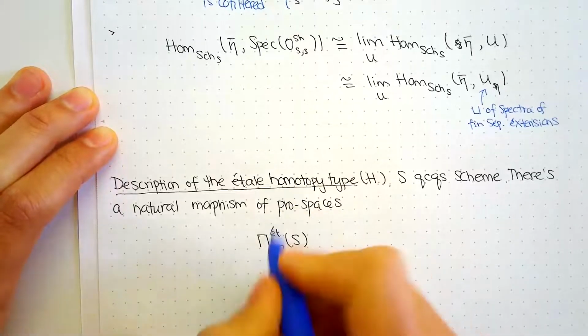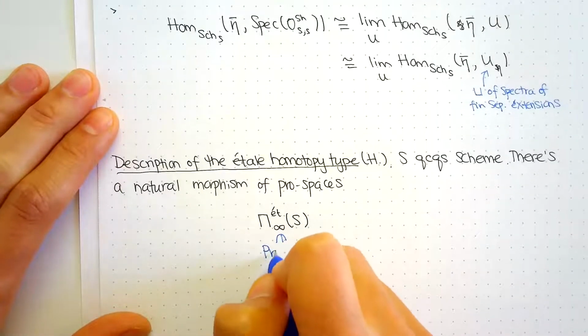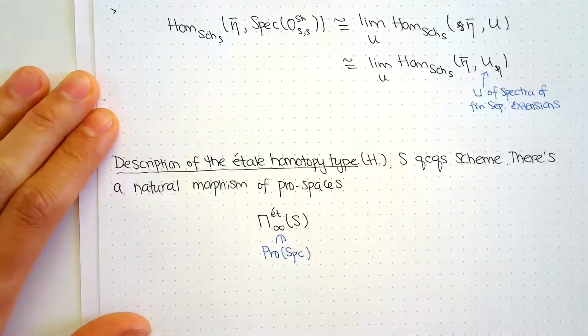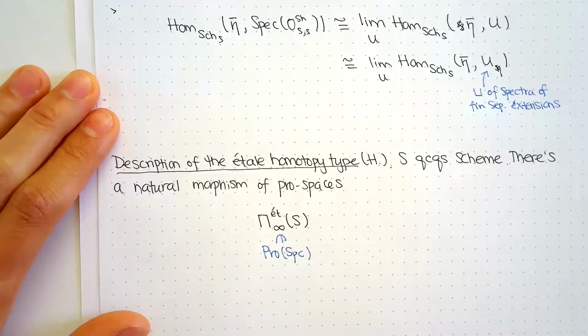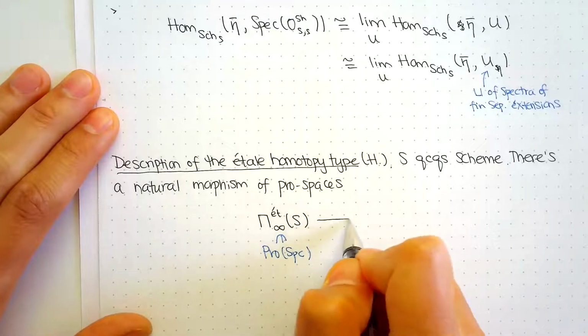So this is some object in the infinity category of pro spaces. But unfortunately, its behavior is not as nice as its profinite completion. It profinitely completes to the profinite Étale homotopy type that I described before.